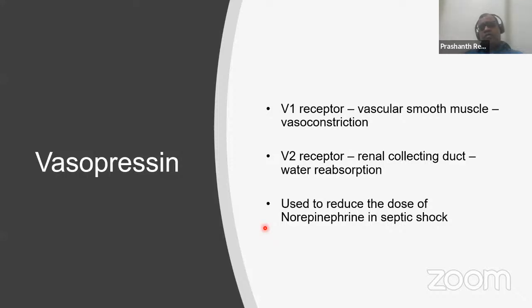So whenever the norepinephrine dose is going more than 1 microgram per kg per hour, it is always better to start vasopressin to spare the tachycardic effect, the beta-1 effect, and cardiotoxicity of norepinephrine. Vasopressin is usually started at a dose of 0.04 units per minute, or it can be started at 0.01 to 0.1 units per kg per hour.